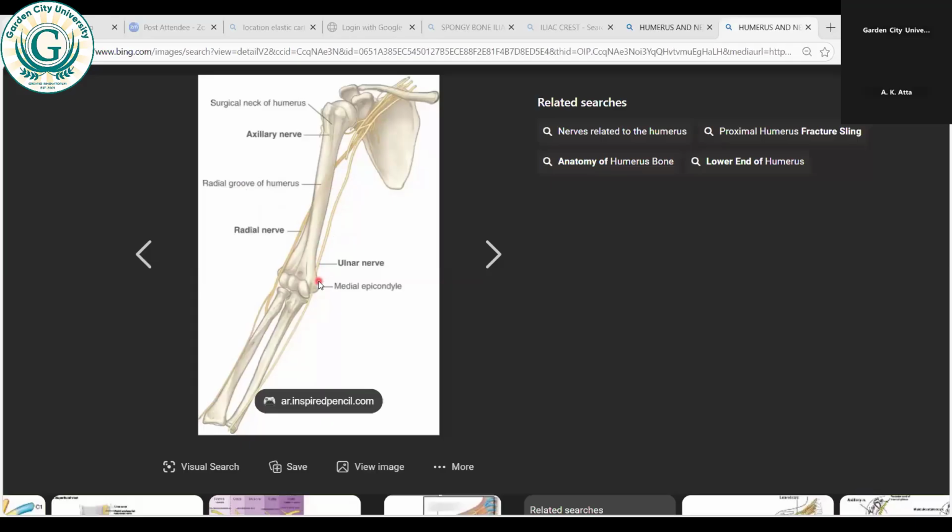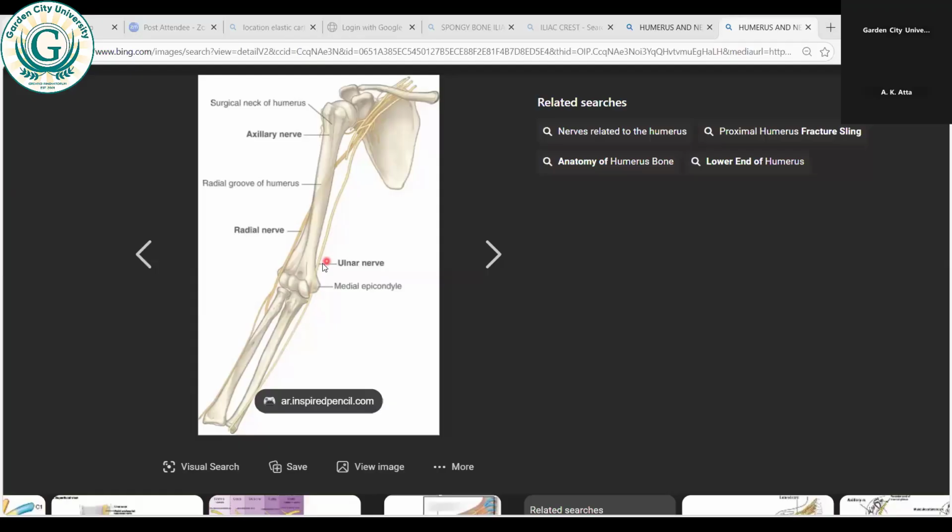Then, of course, this is the medial epicondyle. Behind the medial epicondyle, we have, in fact, for information, the radial nerve supplies all the muscles on the posterior aspect of the arm, the triceps muscle. And the radial nerve supplies all the muscles in the posterior aspect of the forearm.